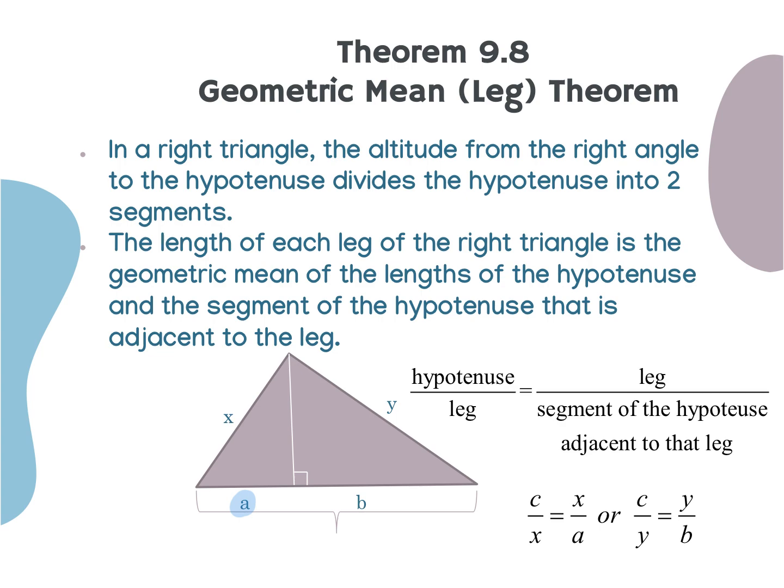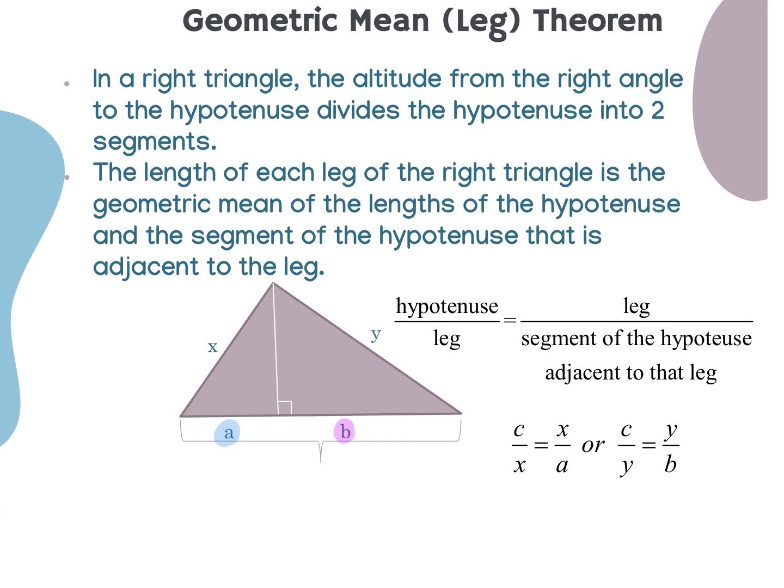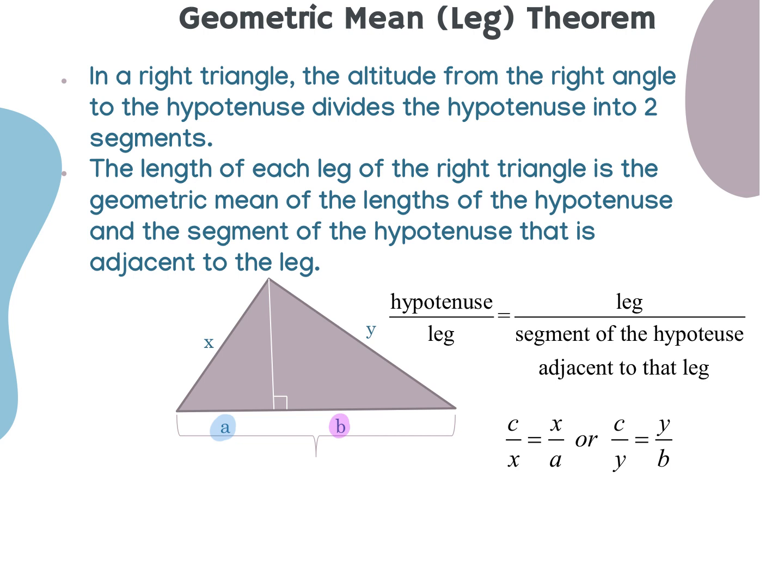I have A and I have B. But we're also going to use the entire measure of the hypotenuse. Okay, and that's going to be C. How you're finding your hypotenuse, you're just adding A plus B. And that's going to give you your measure for your bottom part, which is going to be your C. Okay, then you have your two legs. Here's your X.